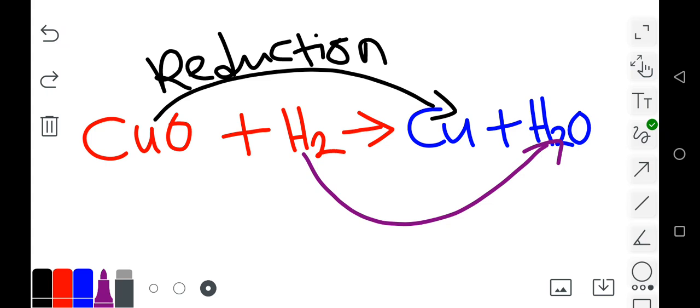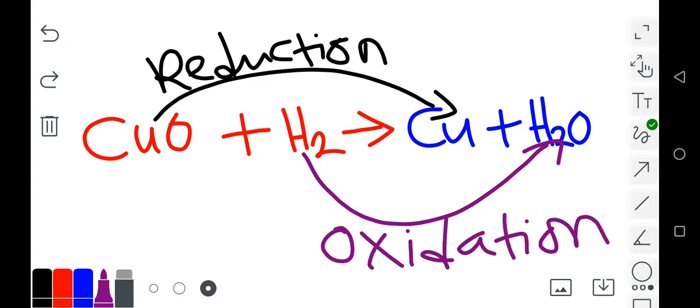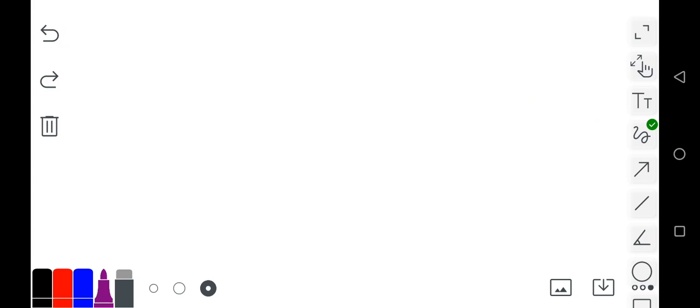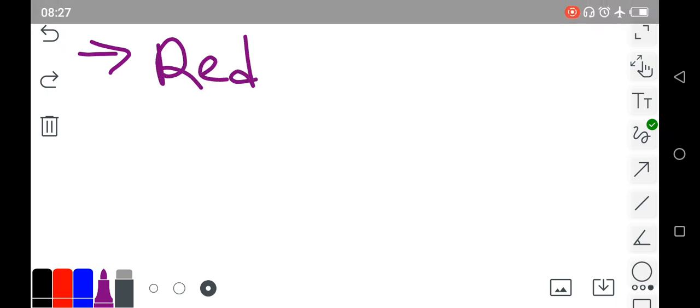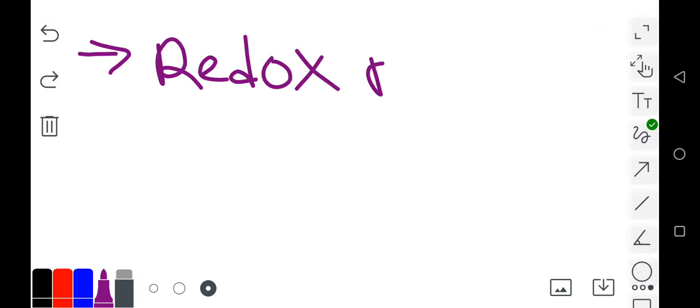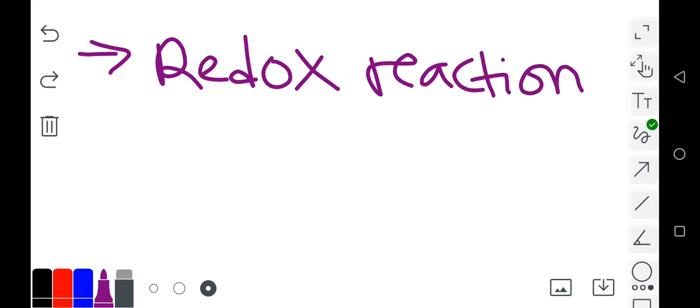So hydrogen received that lost oxygen, and this is what we call oxidation. So this is what we mean when we say that oxidation and reduction are complementary chemical reactions that take place at the same time, and that kind of reaction is referred to as a redox reaction.